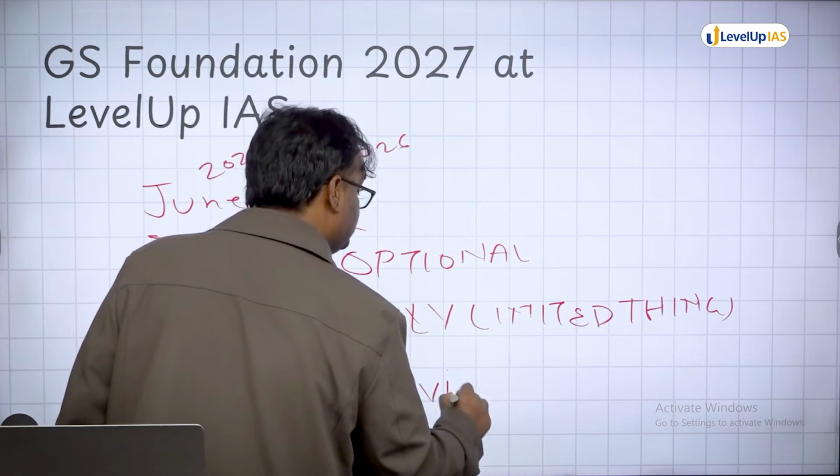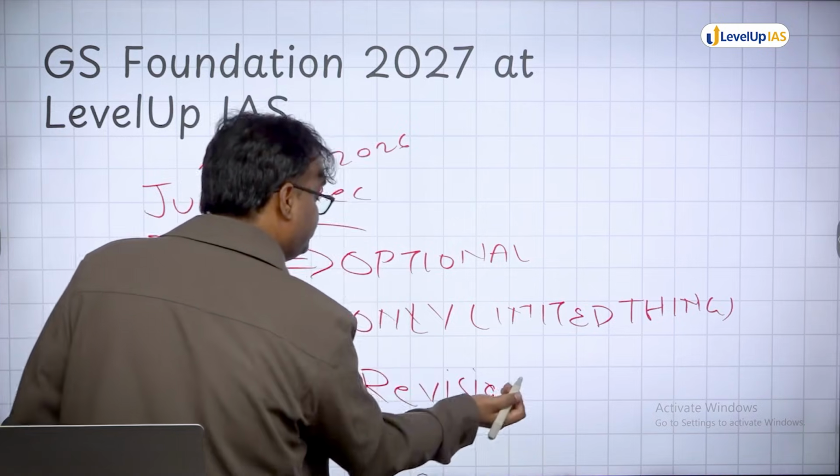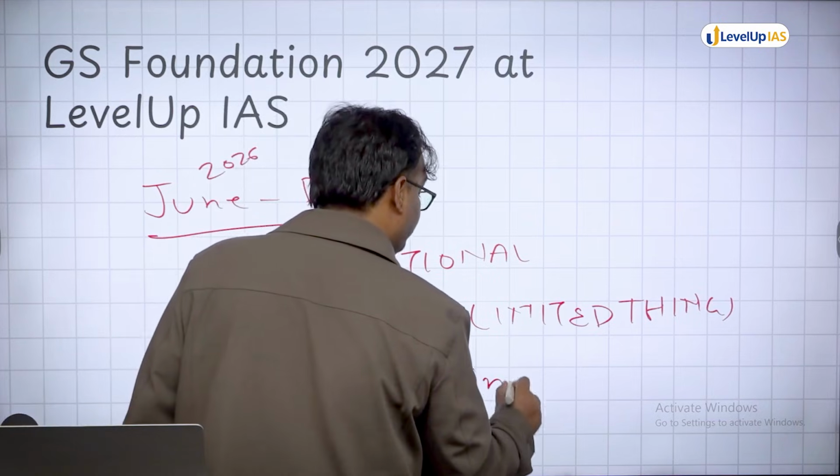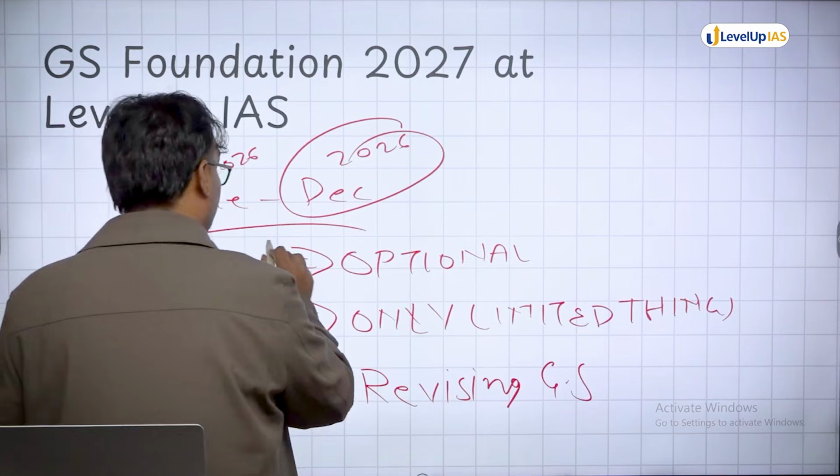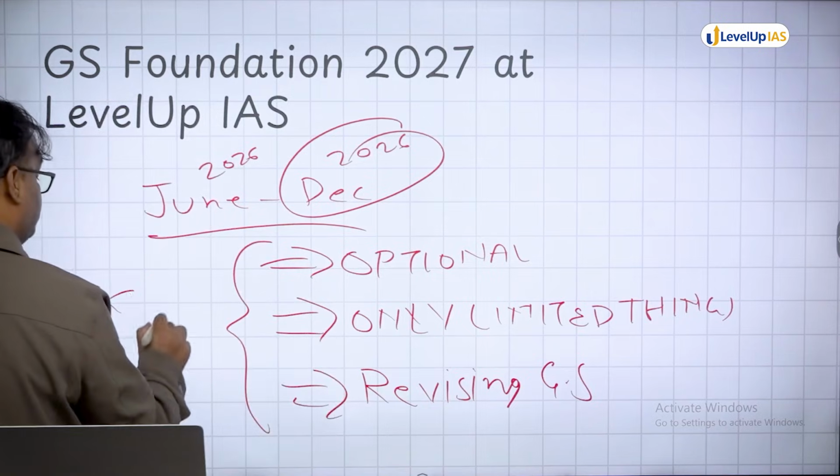Because we will substantially complete GS in the first phase. There is more focus on revising GS so that by the end of December 2026 you are fully prepared for mains.